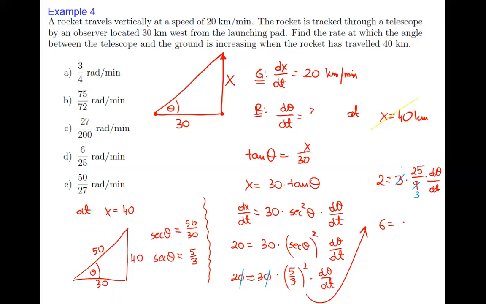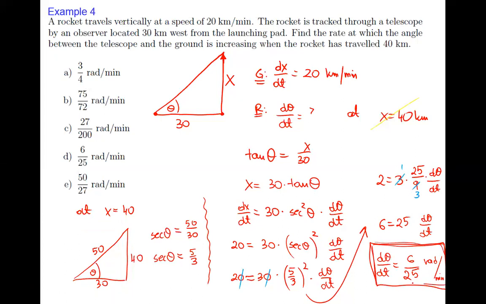And what's left? 25 d theta/dt. Solving for d theta/dt, I will have a quantity 6 over 25, and it is always in radians. The time was in minutes.